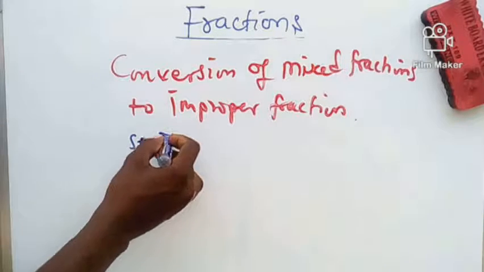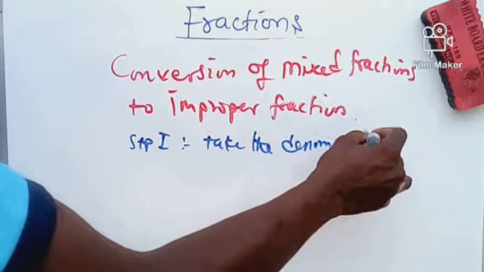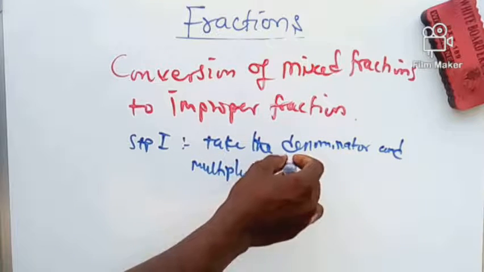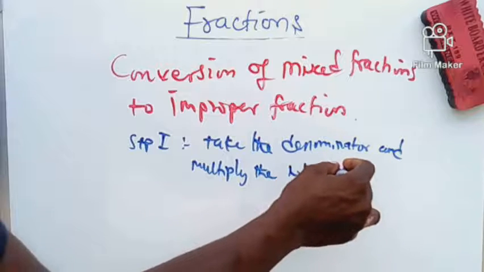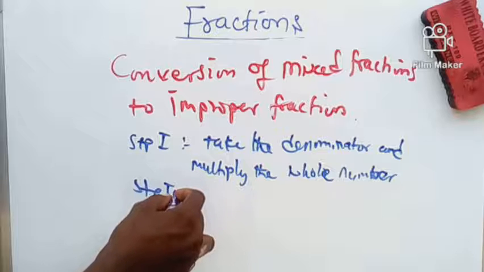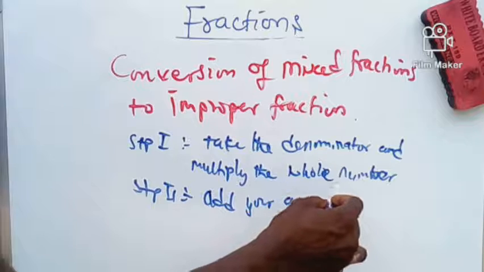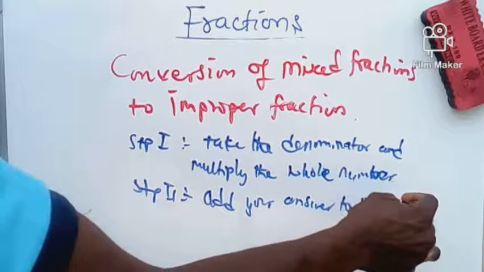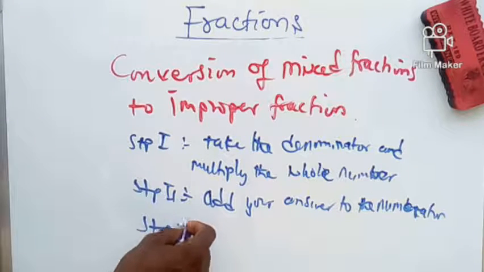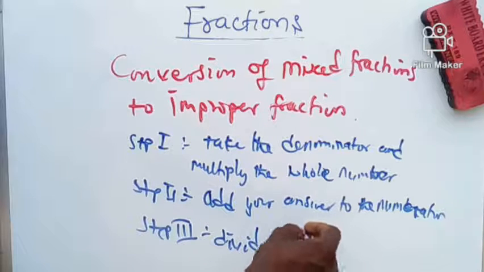Step 1, take the denominator and multiply by the whole number. Step 2, add your answer to the numerator. Step 3, divide by the denominator.